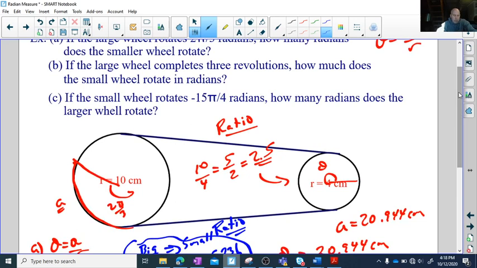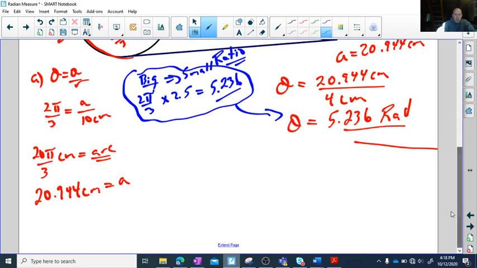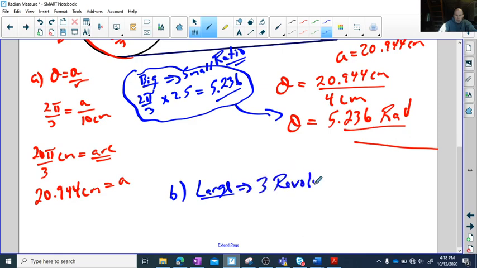So the second question says, the large wheel completes 3 revolutions. How much does the small wheel rotate in radians? So the large wheel went 3 revolutions. So part B. 3 revolutions. Now the first thing you should do is change that to an angle. 1 full revolution.